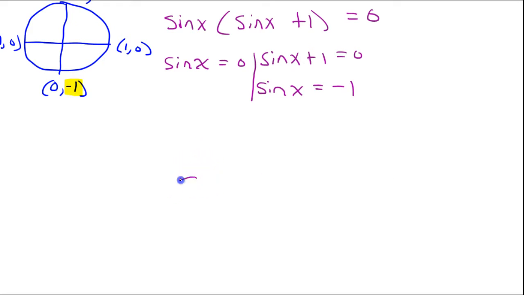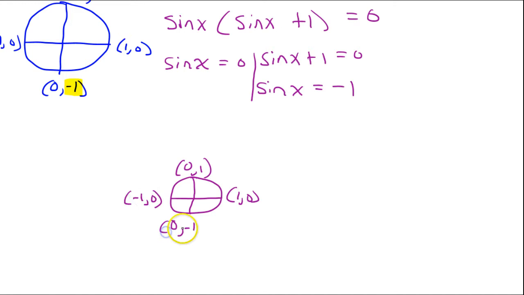So let's draw the quadrantal angles down here, kind of out of the way. Here I have 1, 0, 0, 1, -1, 0, and 0, -1. Sine is the y value, so we want the y value to equal 0. So there's a y value of 0, and there's a y value of 0.